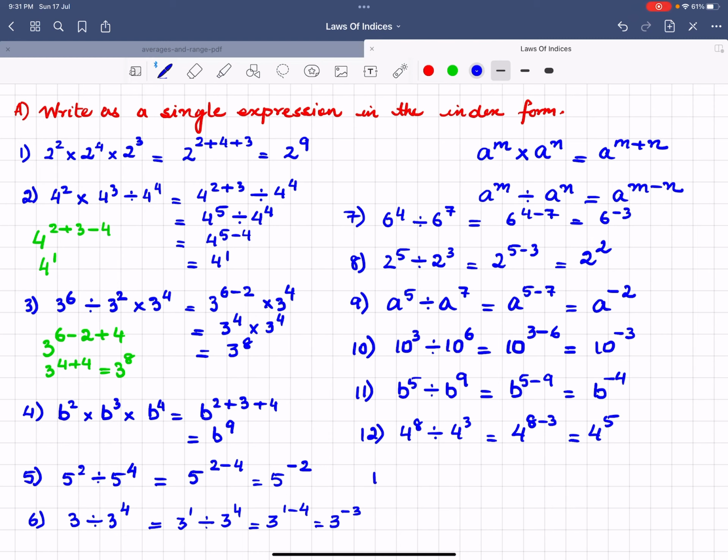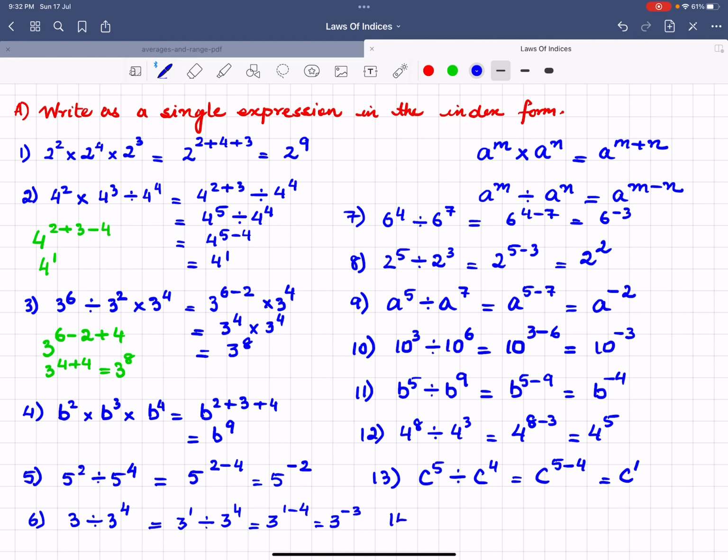Question number 13. C to the power of 5 divided by c to the power of 4. Bases are divided, therefore powers will be subtracted. This gives us c to the power of 5 minus 4, which is 1.